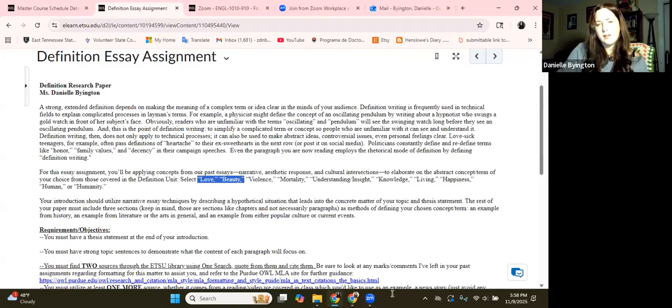You are allowed to do that. Another one, like understanding, insight, and knowledge. If you're wanting to approach all of those together as one sum, that's acceptable. So if you want to do just one, you want to just define living, that's fine.